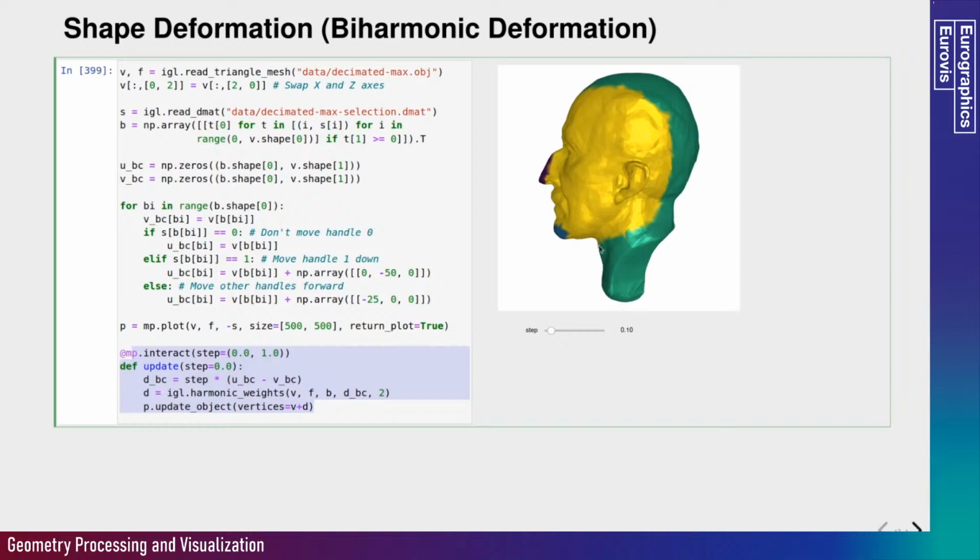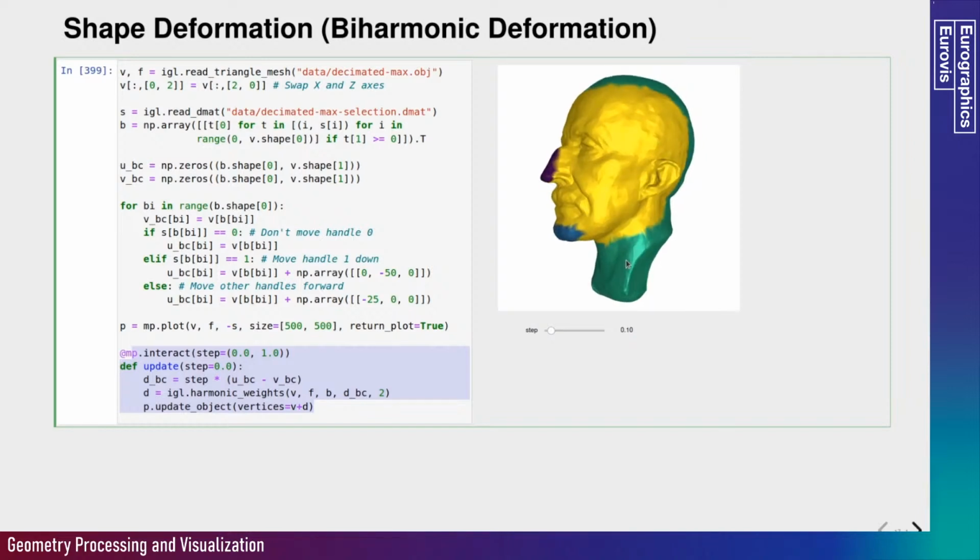We then plot our triangle mesh, and the interesting part comes then here in this update function, where we actually calculate the deformation and apply the deformation to our viewer. So this deformation is calculated as a smooth deformation field, and this deformation field is calculated here.